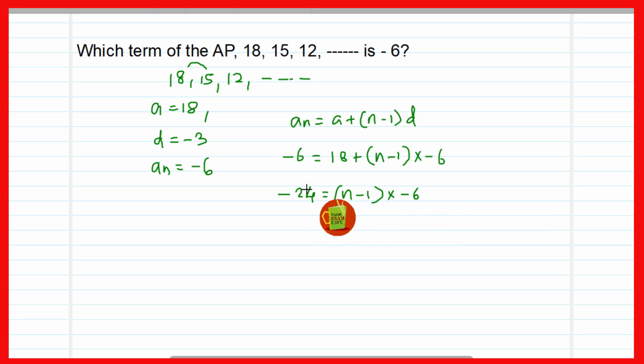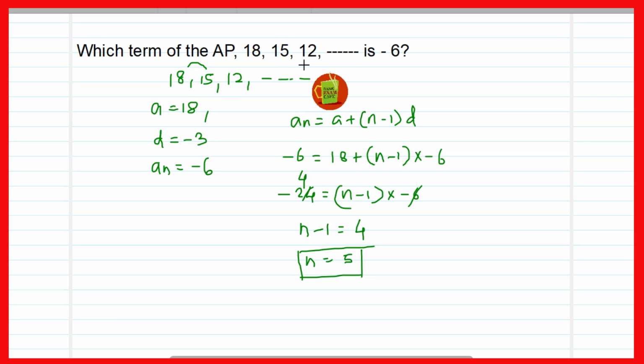So divide by minus 3 here, so minus and minus will be plus, and 3 eights are 24, and so N minus 1 is equal to 8. Take 1 to this side, so that will become plus 1, so 8 plus 1, that will be 9. So the ninth term of the AP will be minus 6. So the correct answer is N is equal to 9.